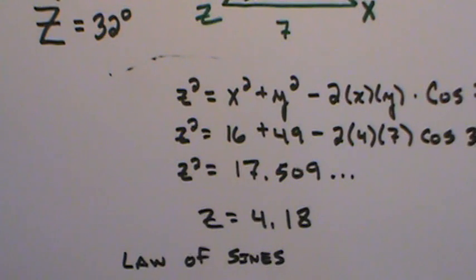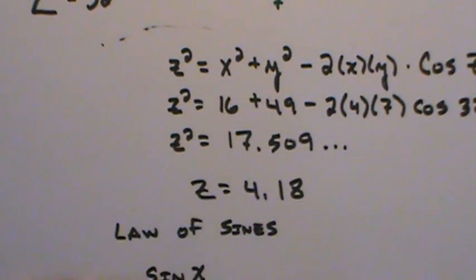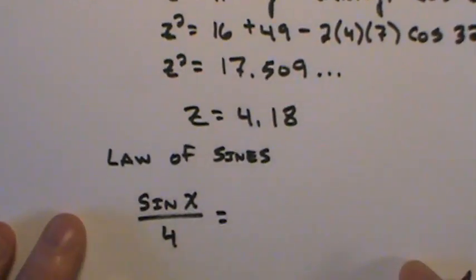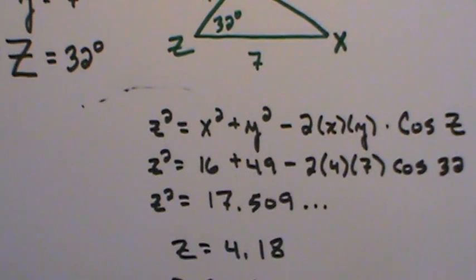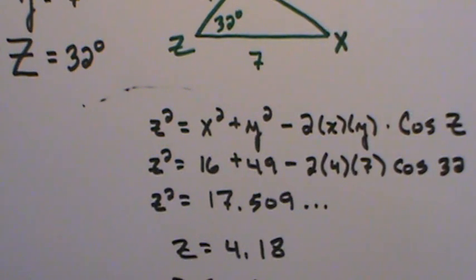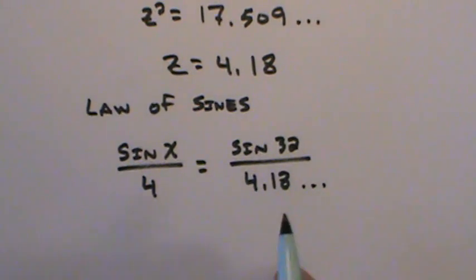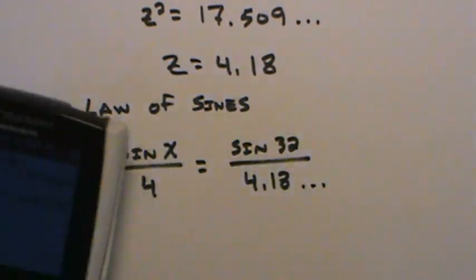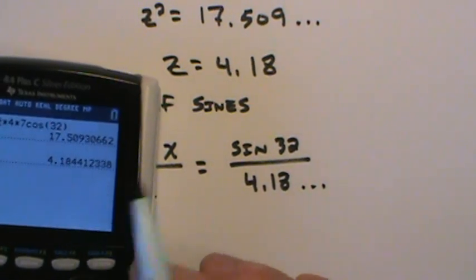So I'm going to say sine of x over the side opposite x, which is 4, is equal to, now I'll go with the information I have, the sine of 32 over this newfound side of 4.18 and change. Notice how I said 4.18 and change. I'm still going to use that calculator with all the decimals in there so I don't have rounding error.